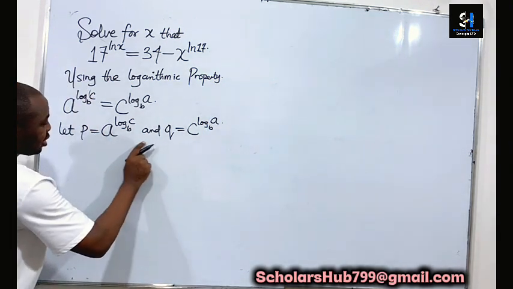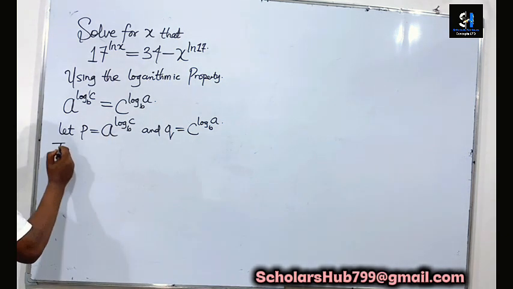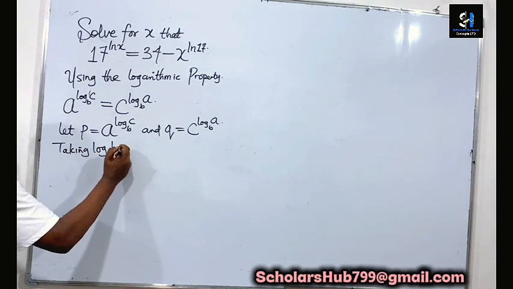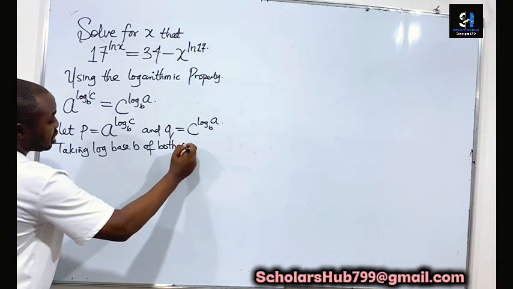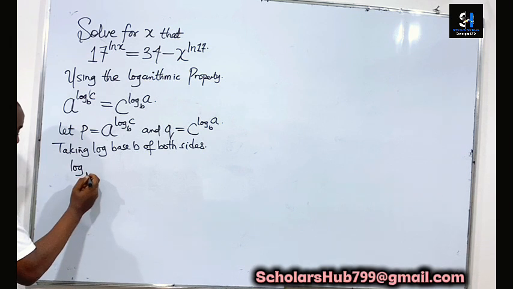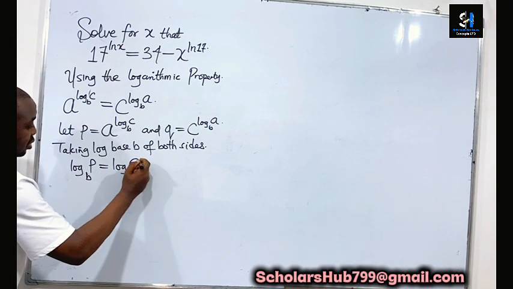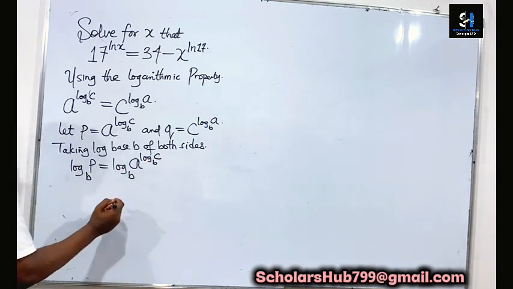Now I'm going to take log base b of both sides. This will be log base b of p equals log base b of a raised to the power of log base b of c.